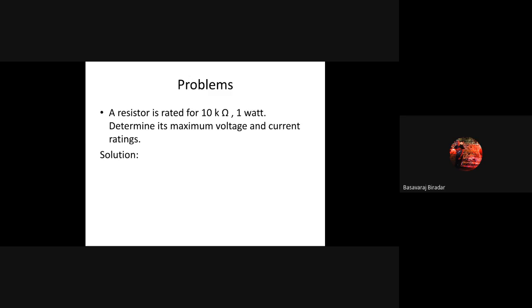See, resistance R is given and P is given, watt. They have asked about the maximum voltage and current rating. P is equal to V square by R. So V equals to... Ma'am, V is equal to 10 to the power of minus 4 volt.